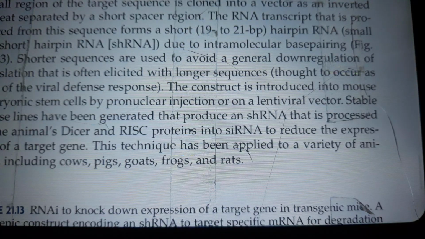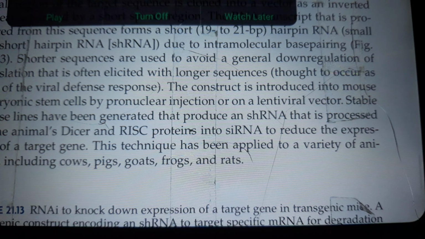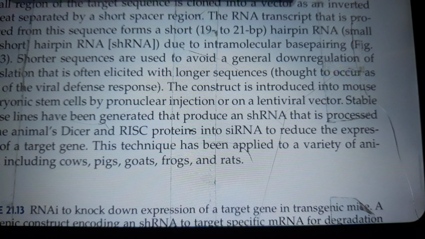To create transgenic mice with a reduced expression of a target gene, a small region of the target sequence is cloned into a vector as an inverted repeat, separated by a short spacer region.